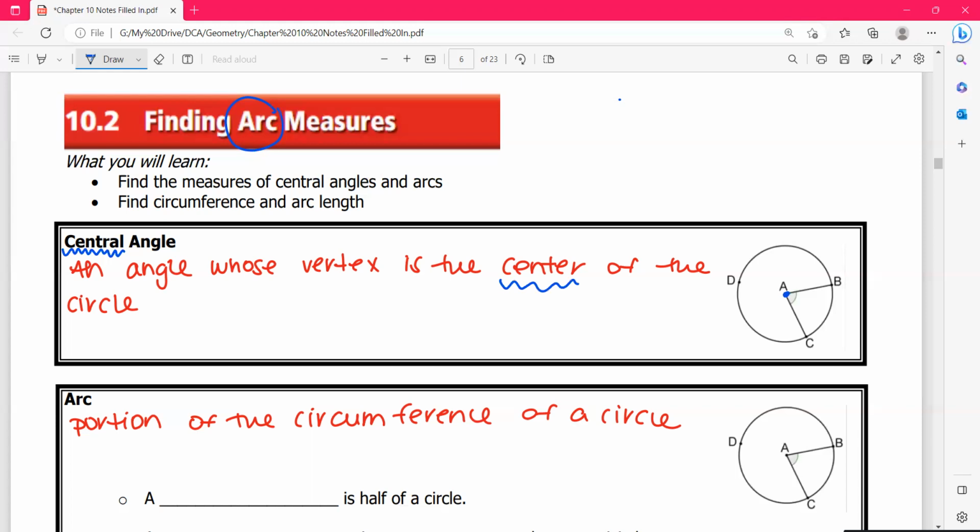So if we look at that point, I've got angle BAC. Angle BAC is a central angle. We could also name it angle CAB. And that's our central angle, okay? The vertex, we're interested in this measure right here. The vertex is on the center.